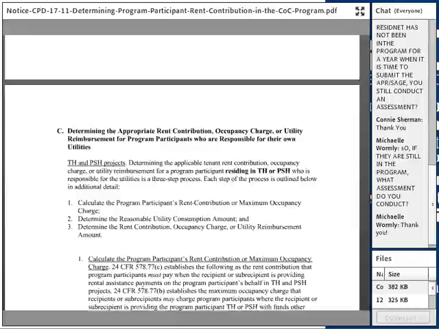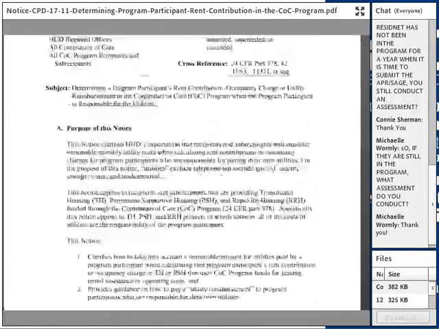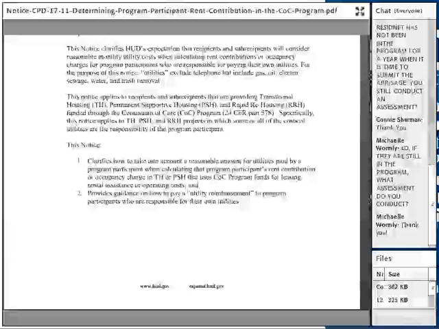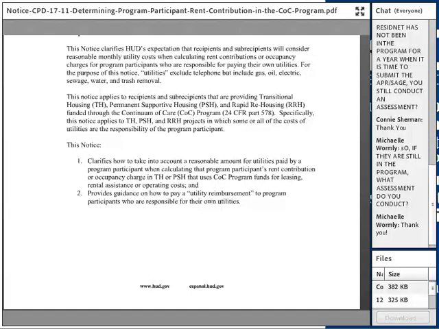So I think it's important to consider, right, why did they have to release this notice? The existing regulation or the COC program interim rule did not address how utility assistance was to be provided when a participant has zero income or they are not required to make a rent contribution on their own behalf.